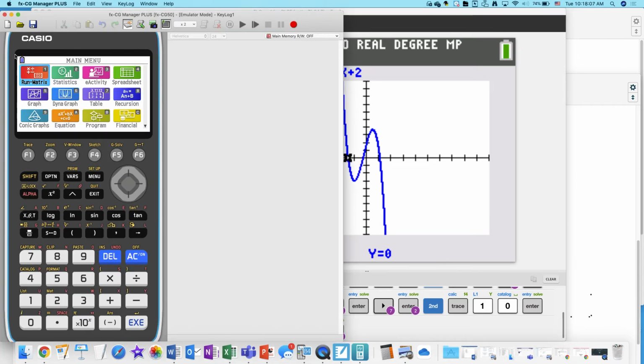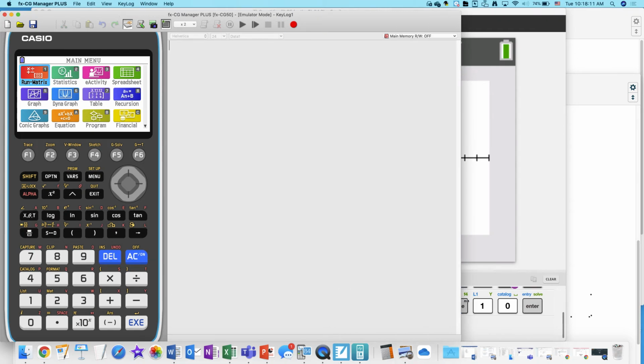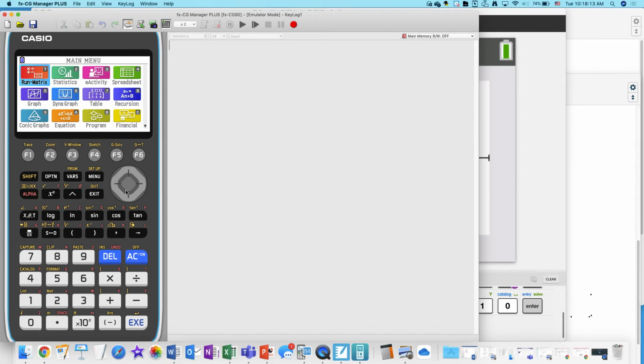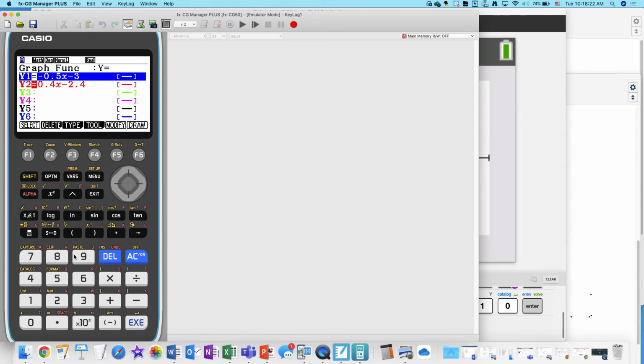So to graph stuff on the Casio, you need to go to Menu, if it's not up already, and select Graph. Okay? And if anything is in there, just delete it. That's F2. Yes, I want to delete it. And I'm going to delete this as well. F2. Yes. Okay, and then I'm going to enter in the same thing. So it was -4.